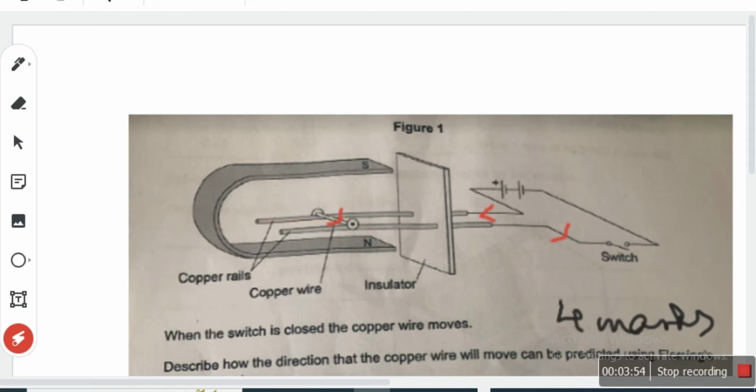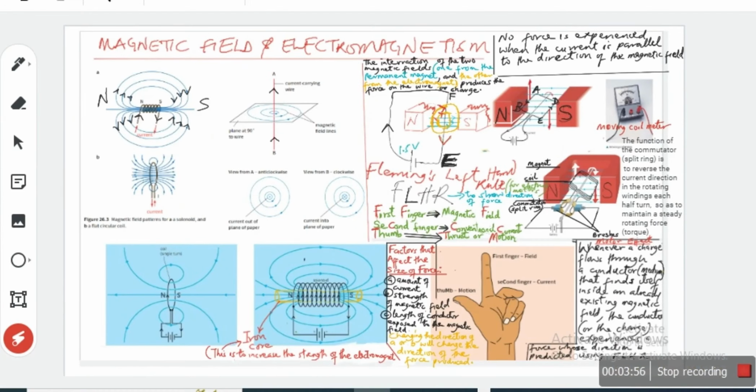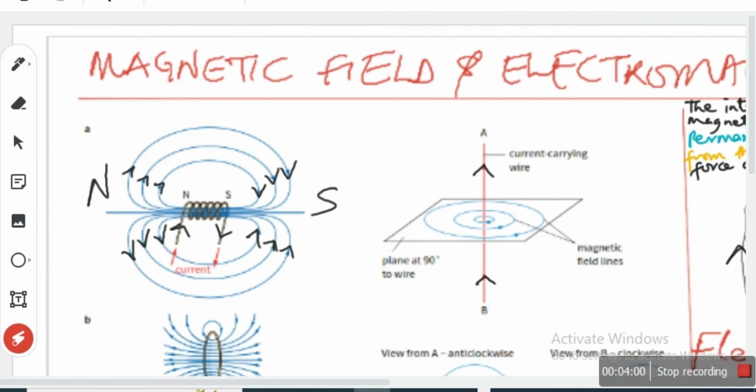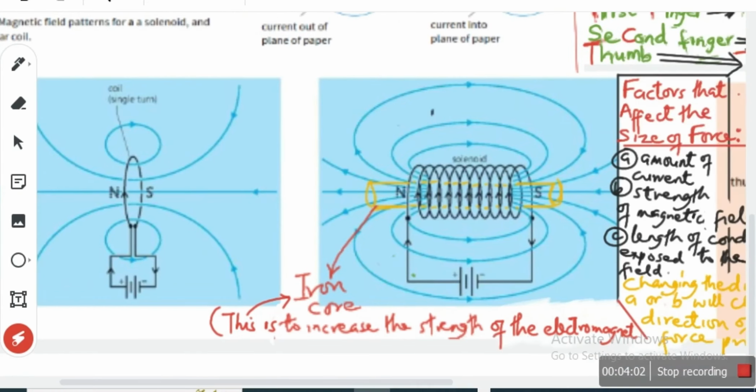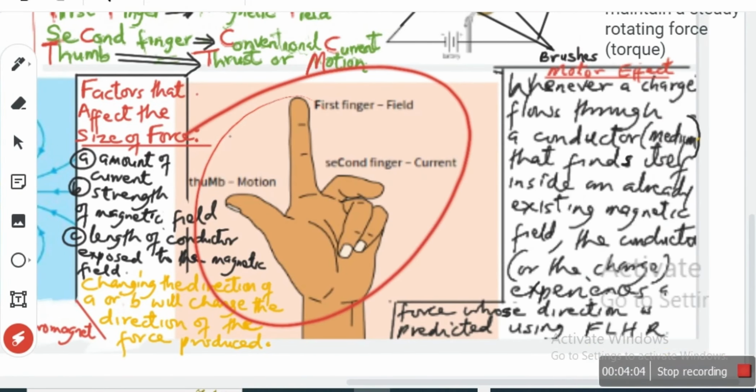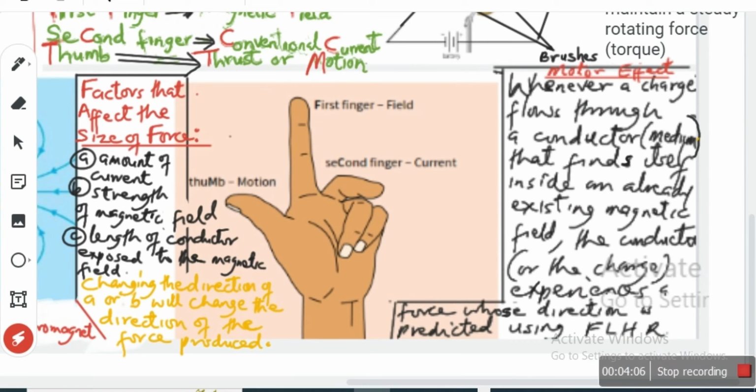Alright, in describing it, how will you describe it fully, like I explained to you earlier? The wire will move to the left at 90 degrees to the magnetic field or conventional current, according to Fleming's left-hand rule.